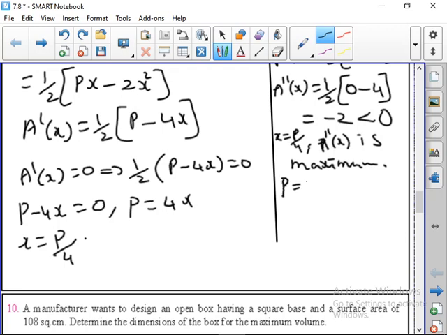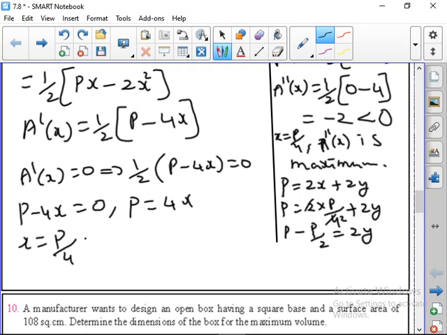So p is equal to 2x plus 2y, so p is equal to 2 into p by 4 plus 2y. So p minus p by 2, which is p by 2, is equal to 2y. From this we get y is equal to p by 4. Therefore x is equal to p by 4 and y is equal to p by 4.